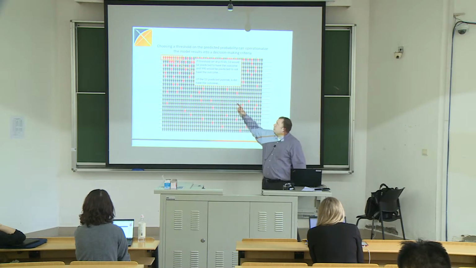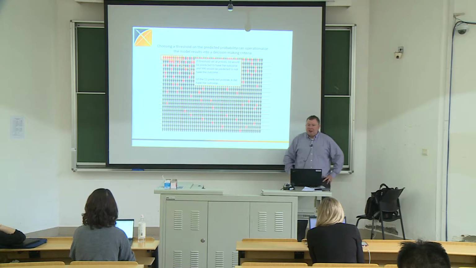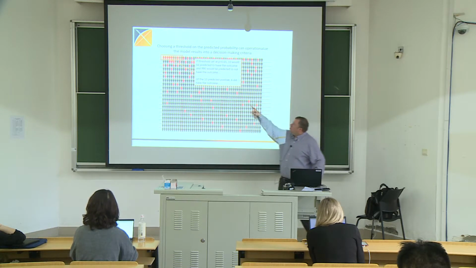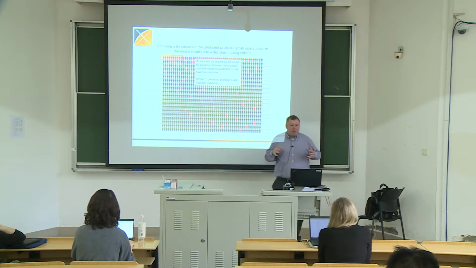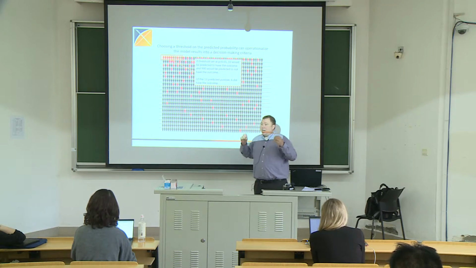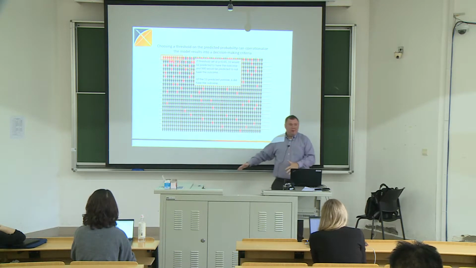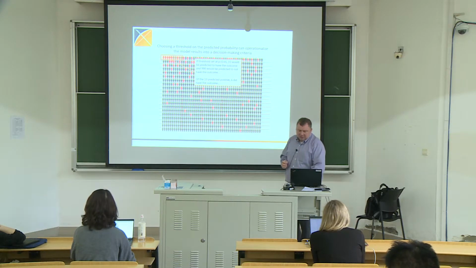So in this picture, if I chose to set my threshold at 65%, what you see is that the model is only going to put 10 people into that high-risk group, which means 990 people will be put in the lower risk group. So what are the consequences of that?